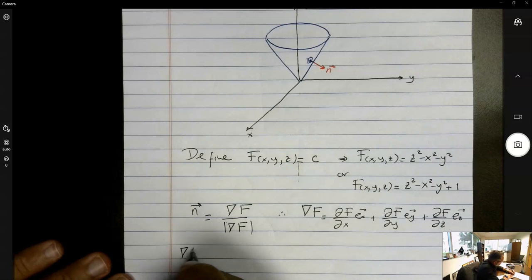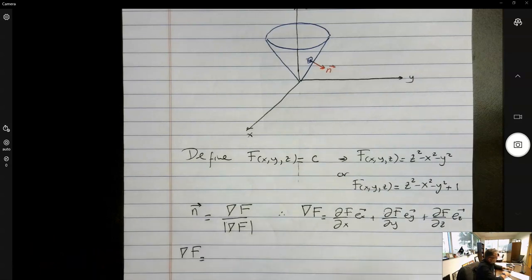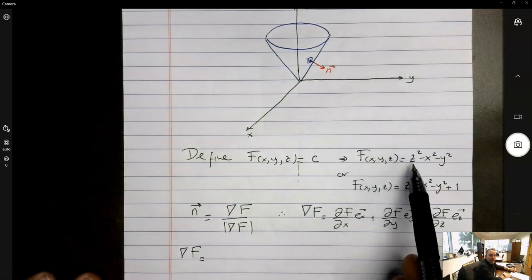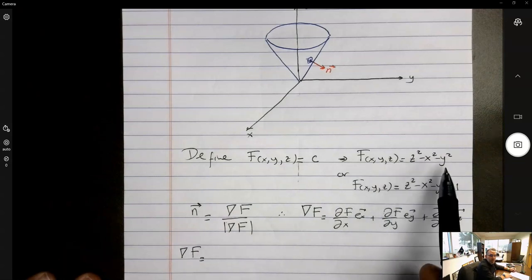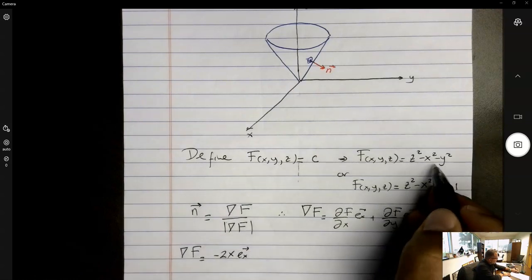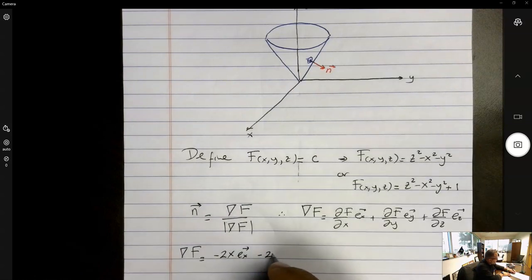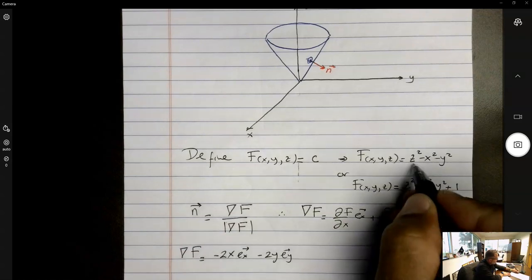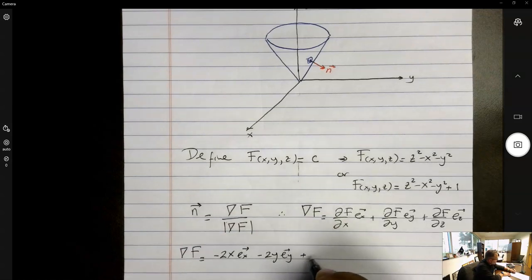So the gradient of f, I'm going to do this in one shot. I'm going to take the derivative with respect to x, and that will be minus 2x; with respect to y, it's minus 2y; with respect to z, it's plus 2z.